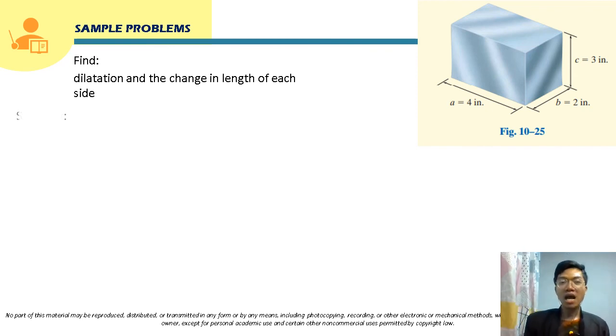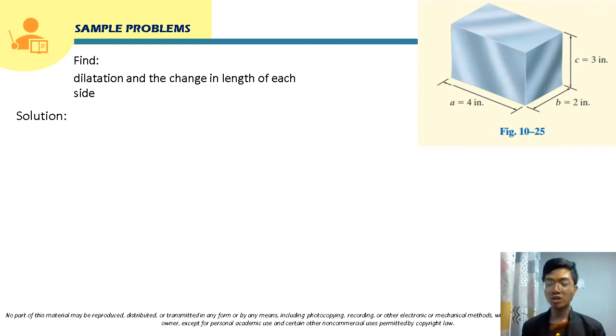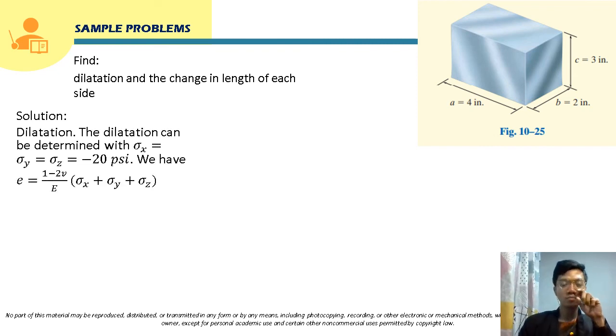Since the given is the stress or the pressure, the formula that we are going to use to solve for the dilatation will be the formula involving stresses. The formula for that will be (1 minus 2v) over E times (sigma x plus sigma y plus sigma z).